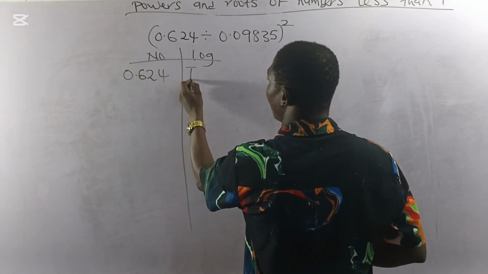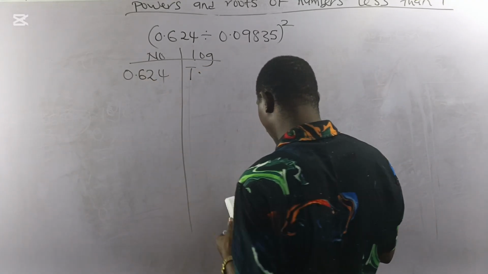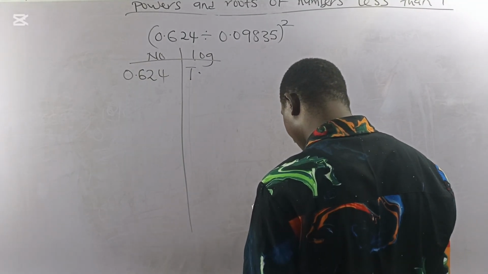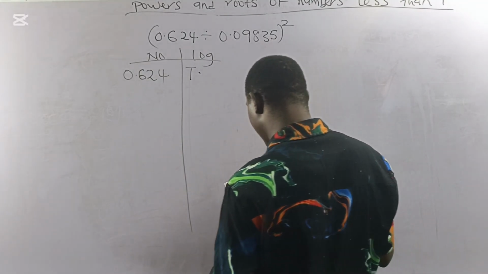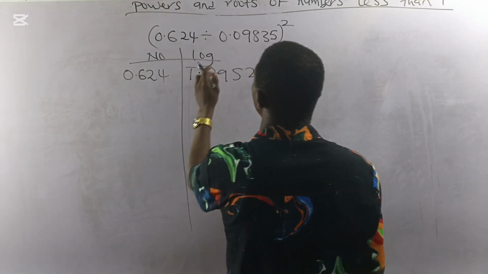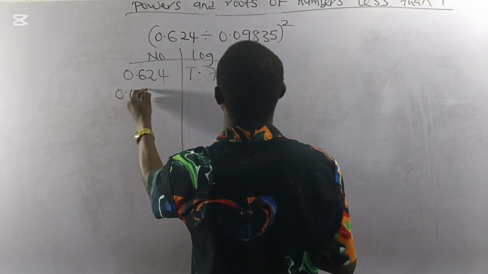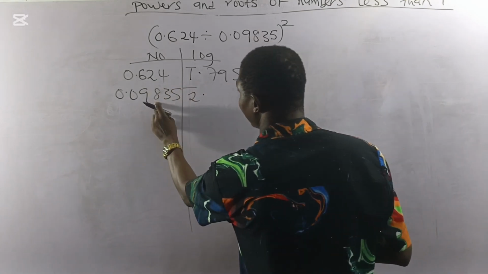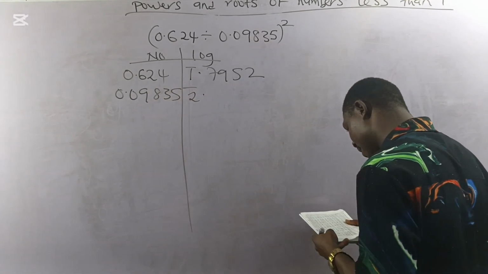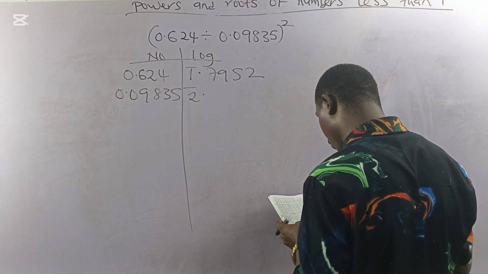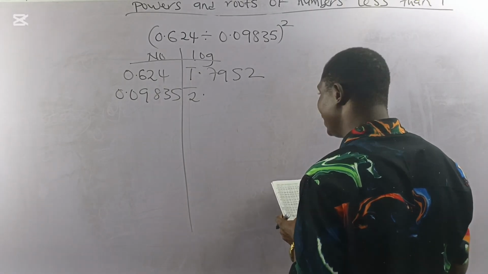This simply gives me bar 1 as my characteristic, 62 under 4 logarithm. 62 under 4 is 7952. Do the same for this other one. 0.0983 will give me bar 2.98 under 3, difference 5. Difference 5 is 2. So we have 9928.